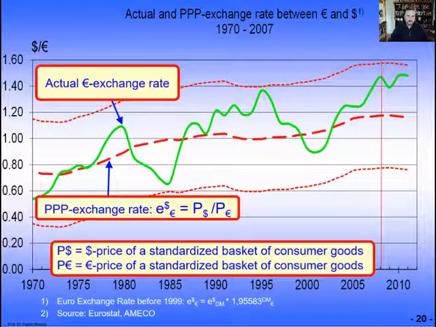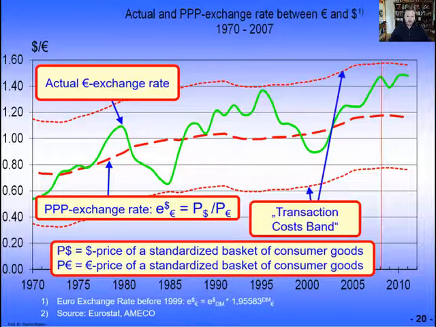The transaction cost band lies, according to our formula, around the purchasing power parity exchange rate. Within this band, the actual exchange rate is not influenced by international trade, so it is undetermined within this band.